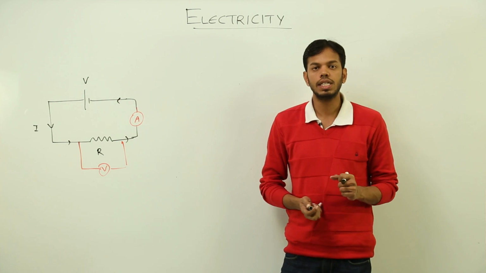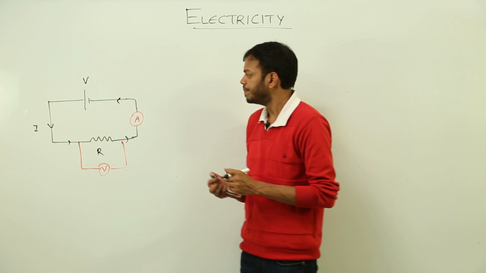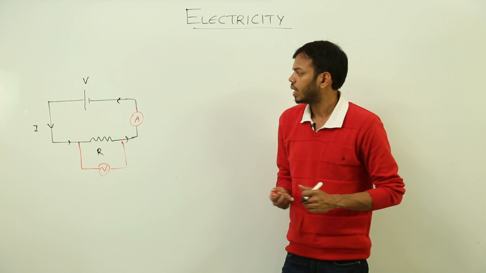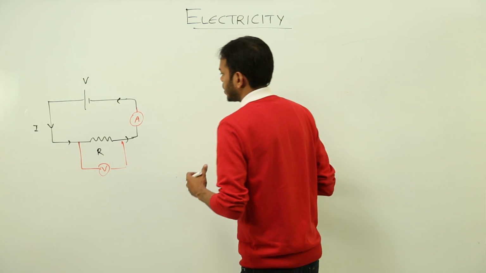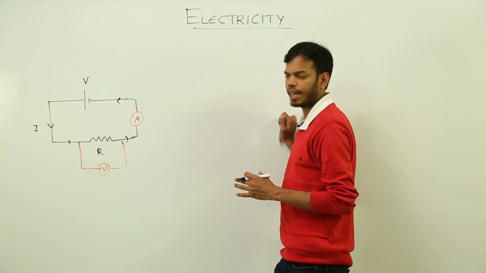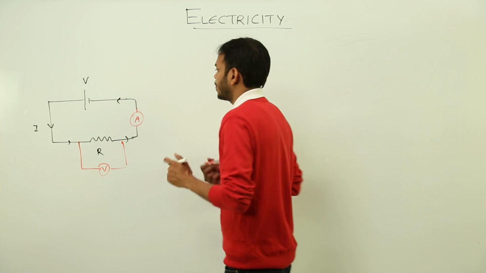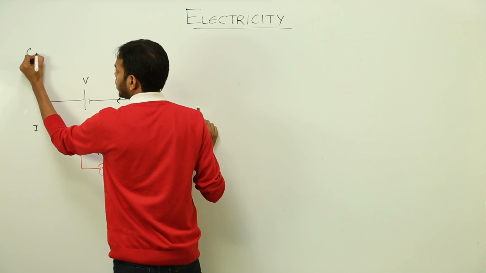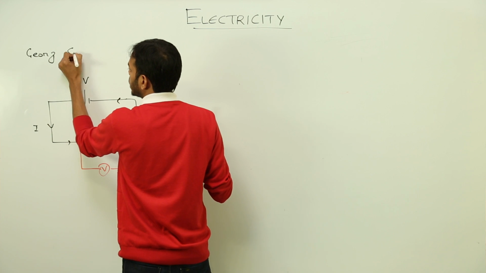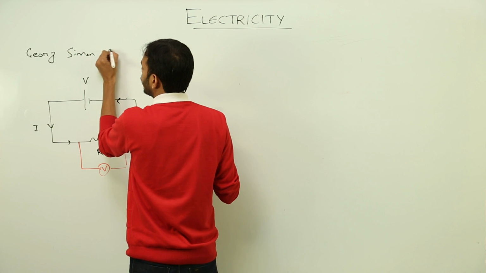Now, there was this German physicist, the name was Simon Ohm. The complete name was something Simon Ohm, I don't recall it right now. So George Simon Ohm, okay, this was the spelling. George Simon Ohm.